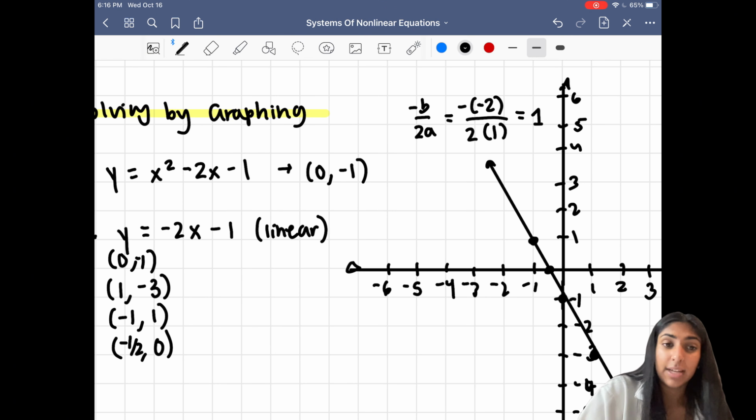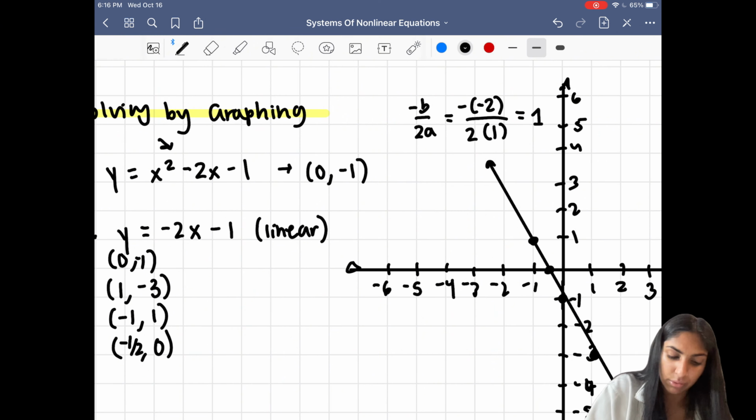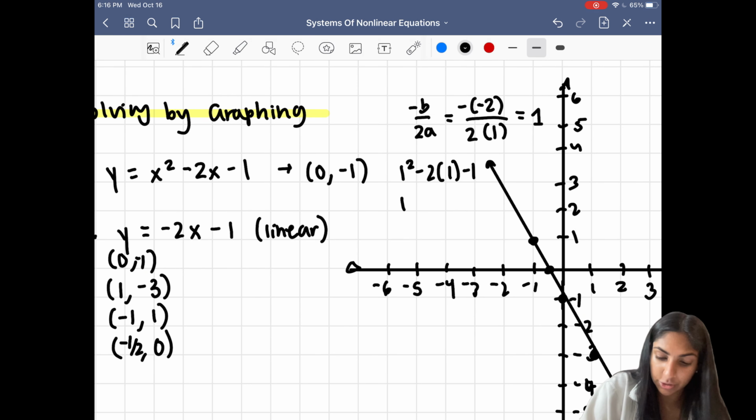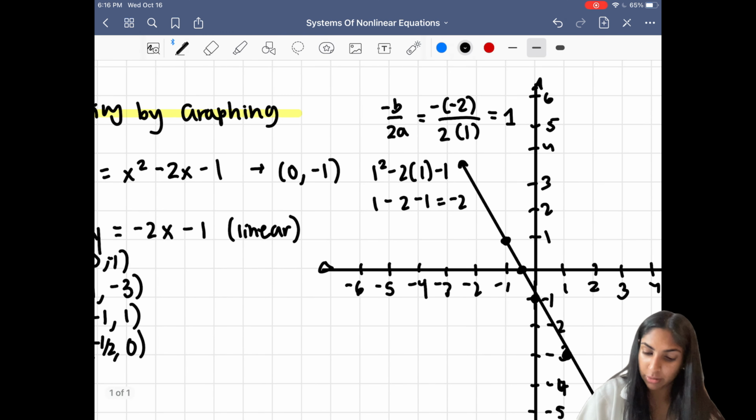And now we can plug in this x-coordinate back into the quadratic in order to find its y value. So we'll have 1 squared minus 2 times 1 minus 1, which is just 1, minus 2 minus 1, which is just negative 2. And so the vertex of the parabola is going to be here. And we also know, because of the axis of symmetry, that 2, negative 1 is also a point.